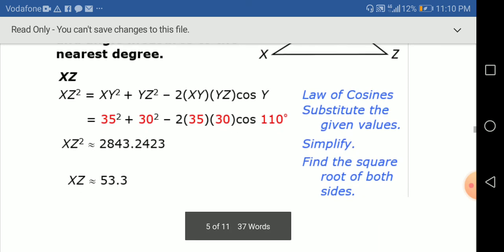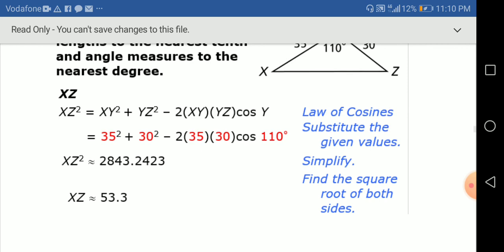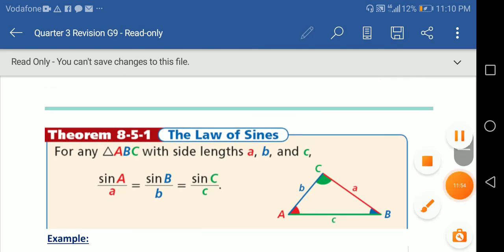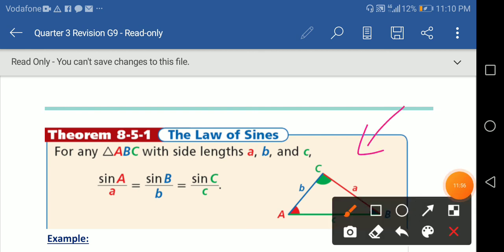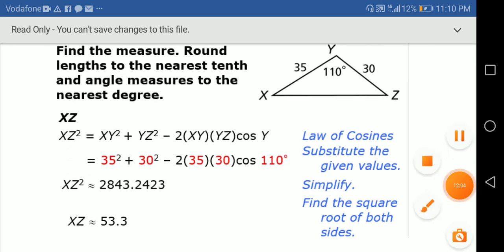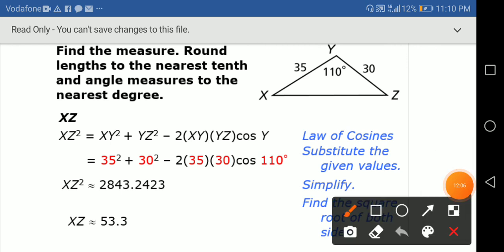So this is the law of cosine. Okay, guys, remember this well. The law of sine, I want to revise it with you: sine A over a, sine C over c, sine B over b. Here the law of cosines, remember.